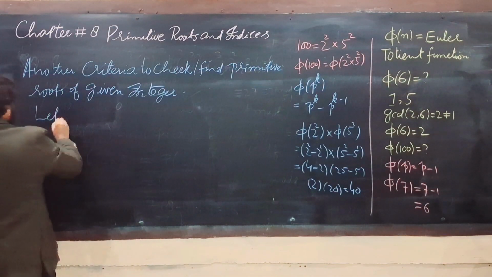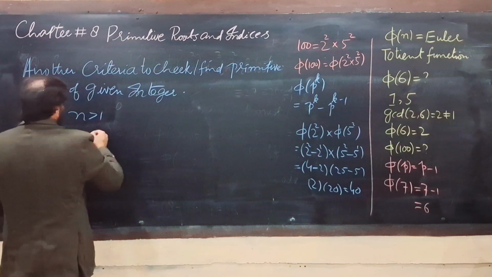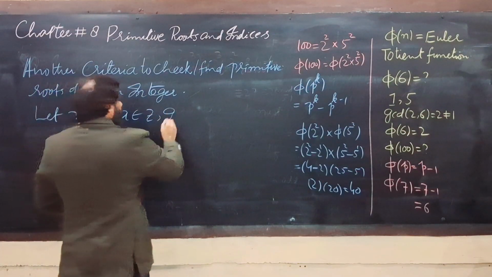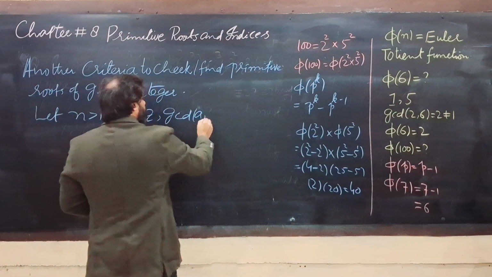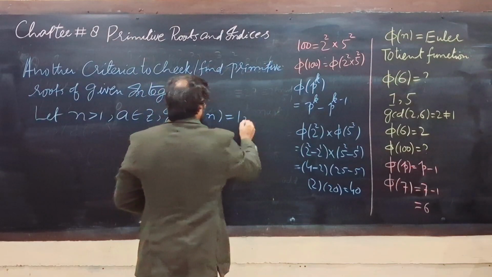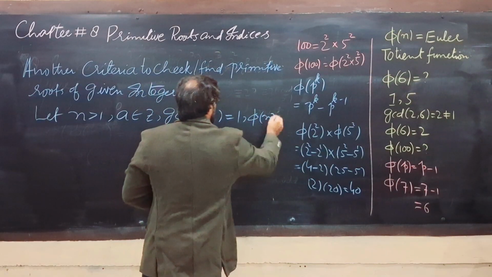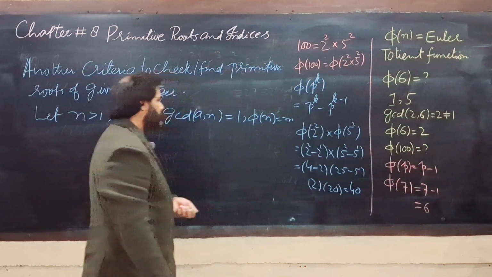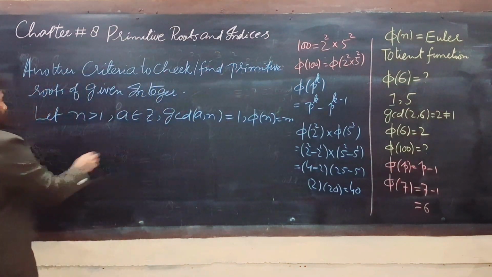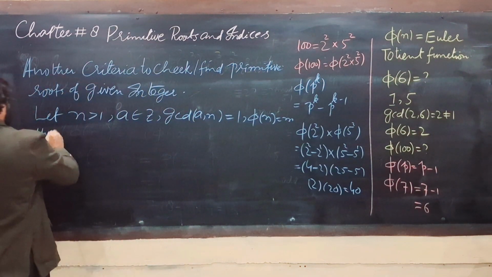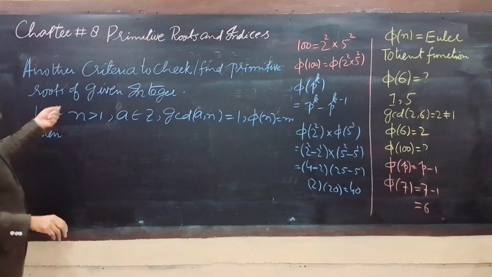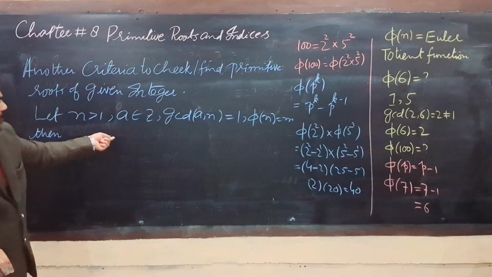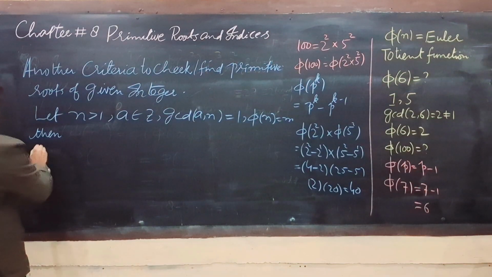Let n be greater than 1, a an integer, GCD of a and n equal to 1. Let phi of n be equal to m. We suppose phi of n is equal to m here. Then to find the primitive root of integer n, we can use the following steps.